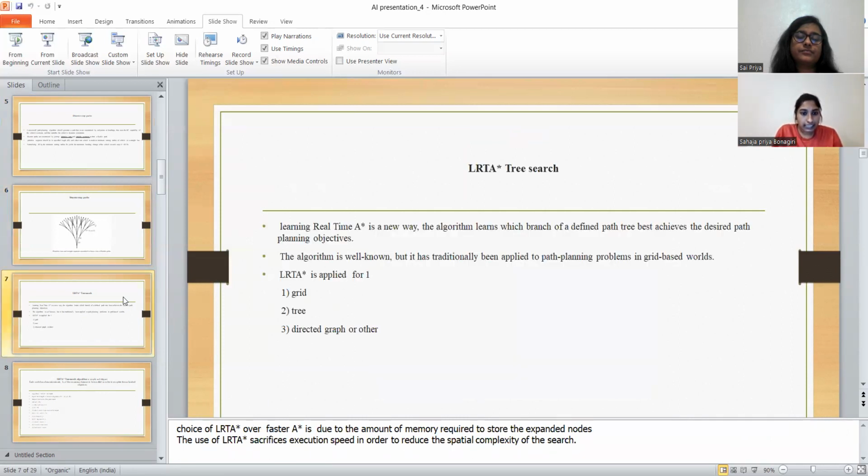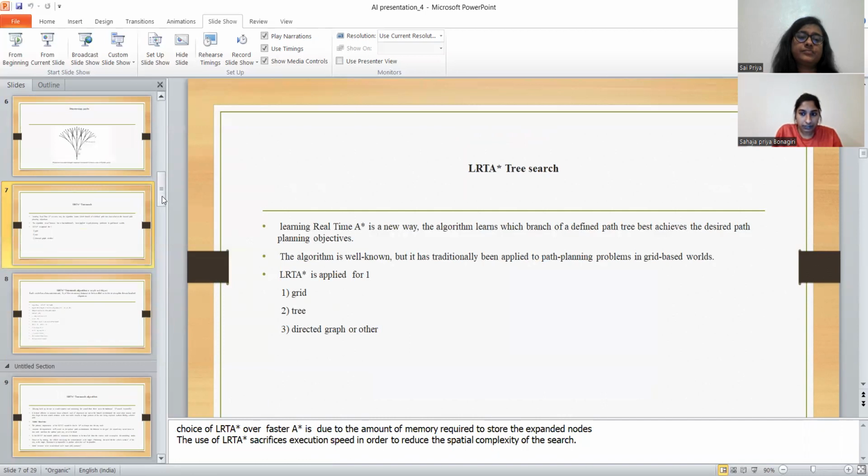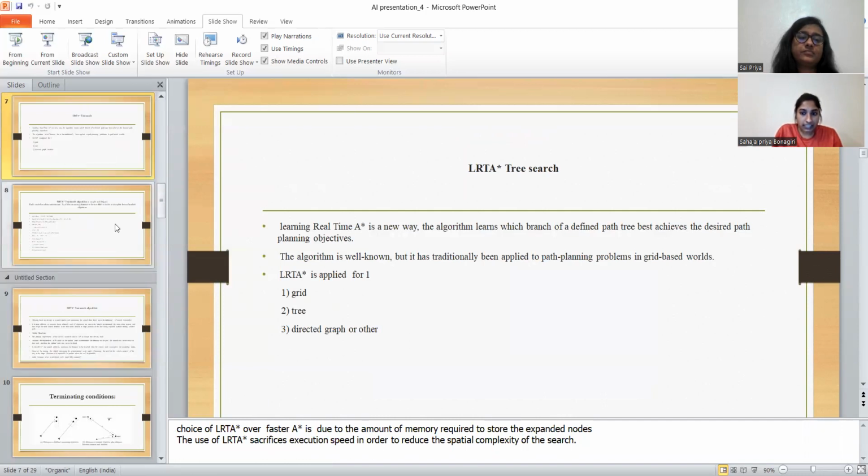Coming to the LRTA-star research, this study employs a unique application of the learning real-time A-star algorithm to determine which branch of a given path tree best achieves the intended path planning objectives. The LRTA-star algorithm is well known. However, it has traditionally been used for path planning issues in a grid-based world.